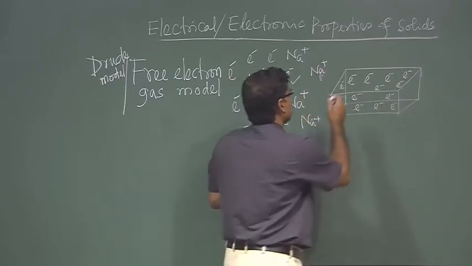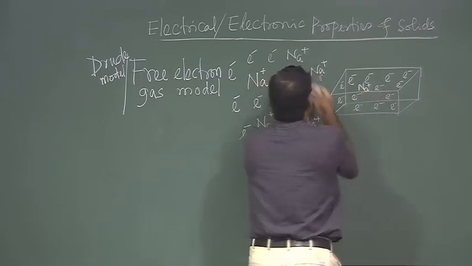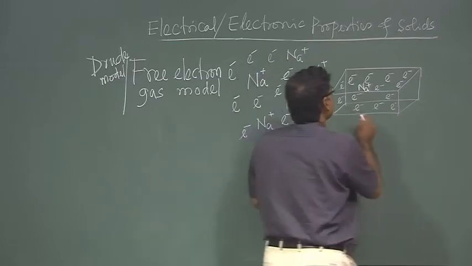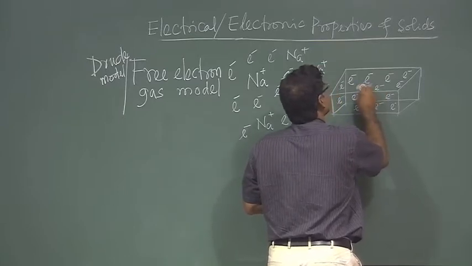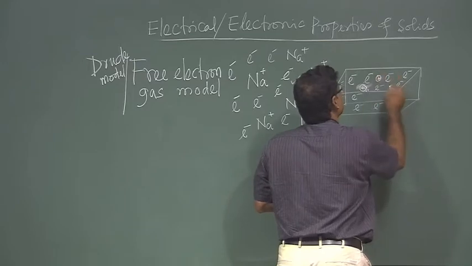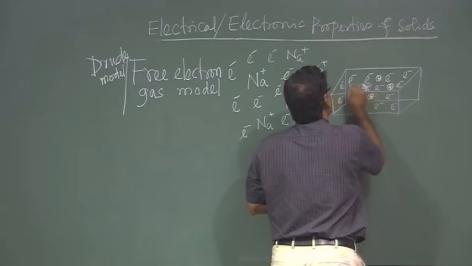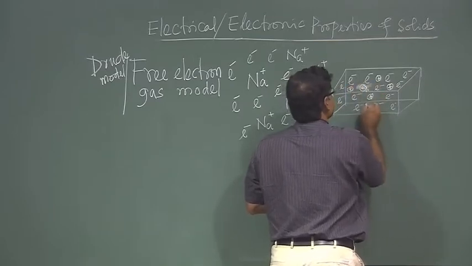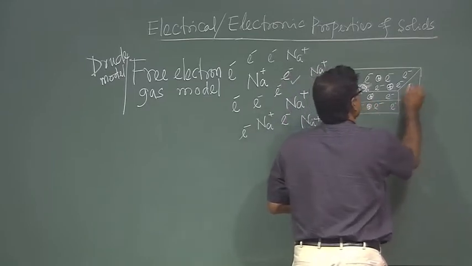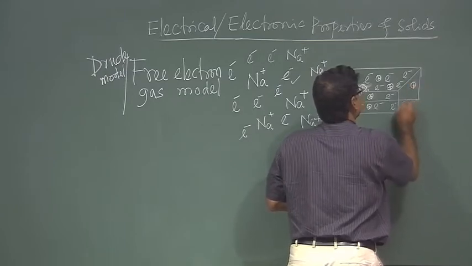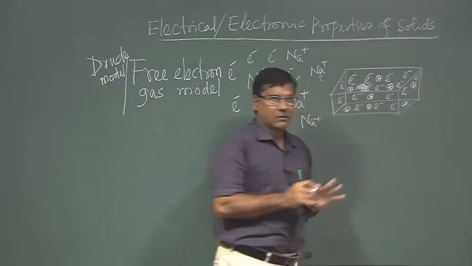Say, if I take sodium as an example, positive ions are there, and an equal number of electrons.